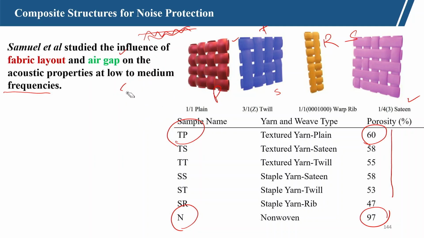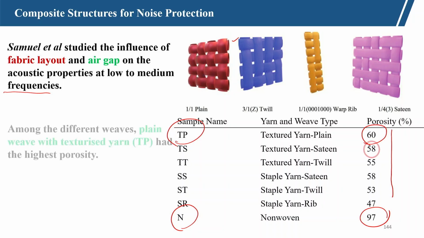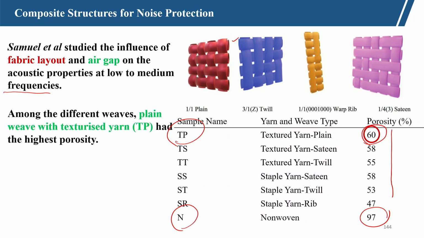Due to the high porosity of non-woven, these are used for acoustic and sound insulation applications. Among the different weaves, plain weave with textured yarn had the highest porosity.